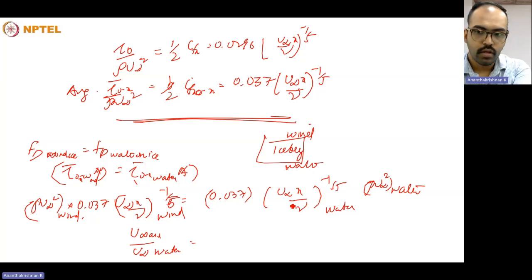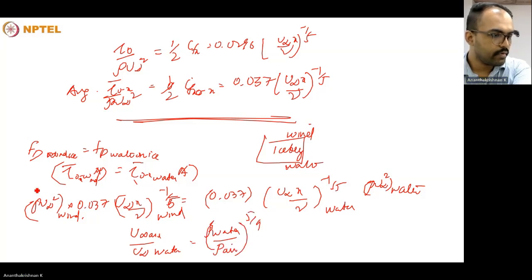The kinematic viscosity will be scaled by the power of 1 by 9, while the density will be scaled by 5 by 9. So it will be equal to rho water divided by rho air, the whole power 5 by 9. Basically, we take the power of 5 for rho, and then take the power by 1 by 9, so it will be 5 by 9.